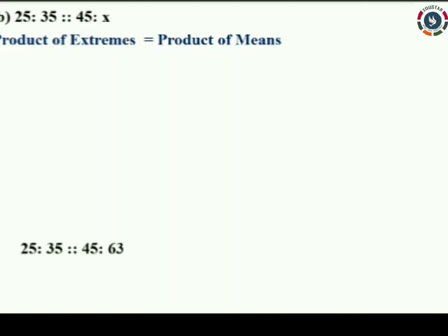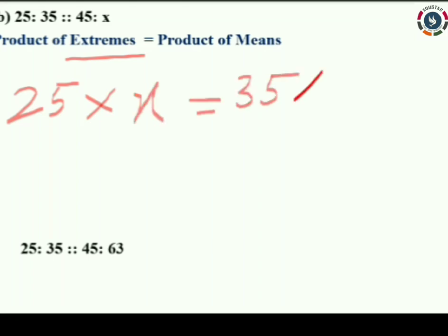Next, 25 is to 35 is in proportion to 45 is to x. Now we are going to find the x value. Product of extremes: your extreme terms are 25 into x, and product of means: your mean terms are 35 into 45. Now you should do multiplication.